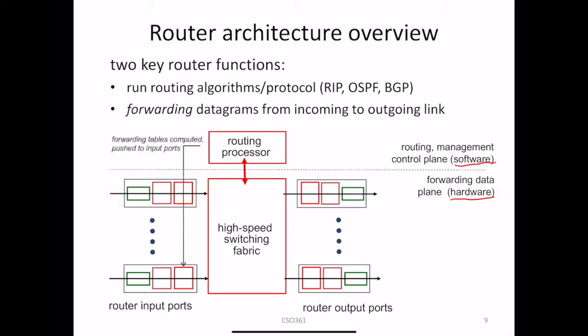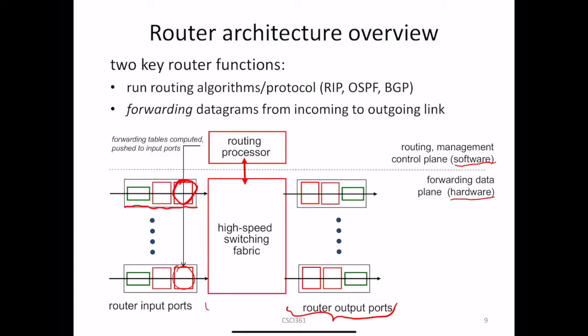Therefore, each router input port will hold a copy of the local forwarding table content. And on the other side are the router output ports. They will forward the packets, or the datagrams, to the next hop.